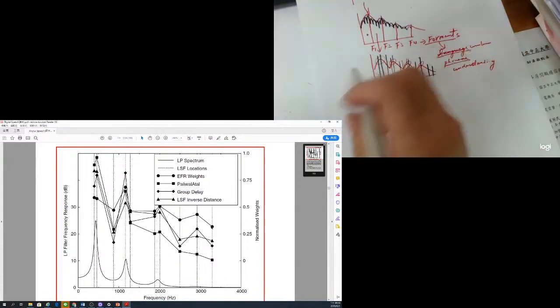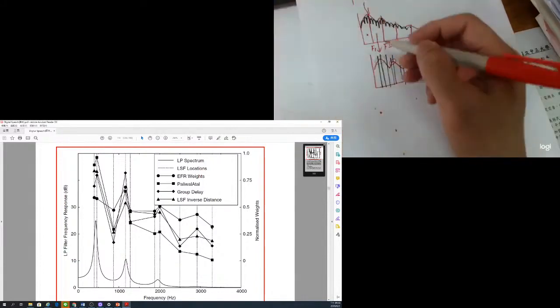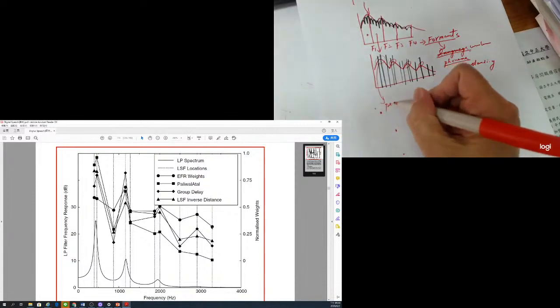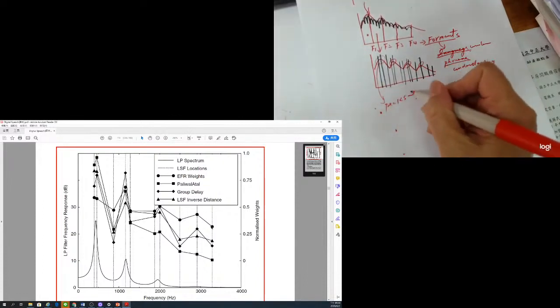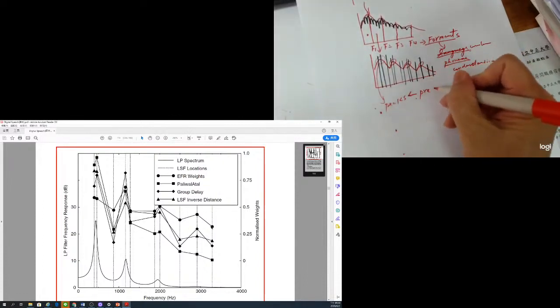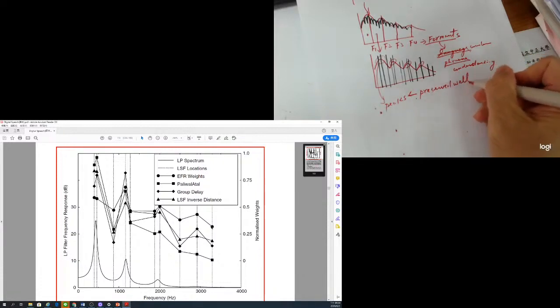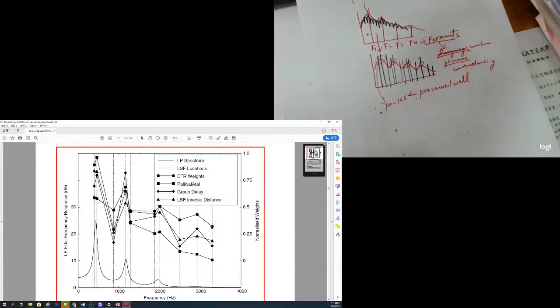Make sure your peak will be preserved. Make sure your peak will be preserved, because that will make your quality better.